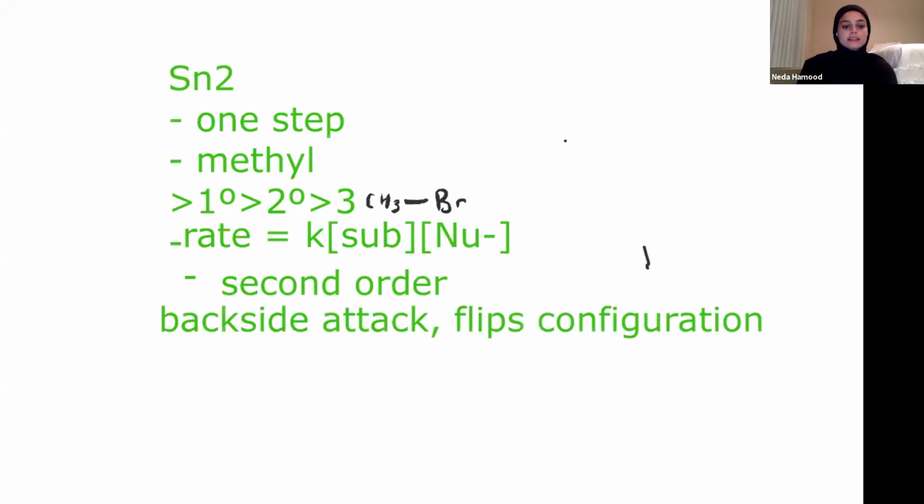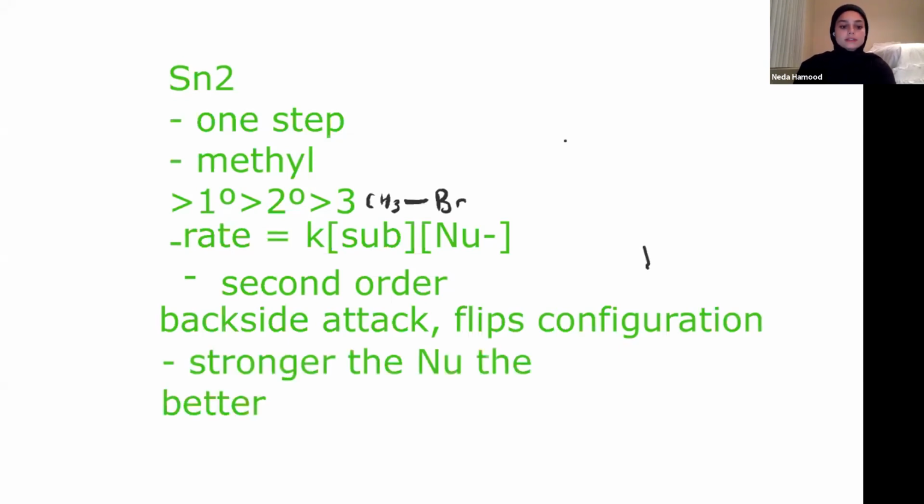So you have a backside attack that flips the configuration. The stronger the nucleophile, the better. These are some things that I would write on the side for the exam, on your scrap piece of paper, if it comes up. So better leaving group, and so you have a faster reaction.